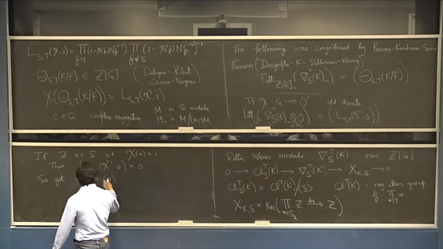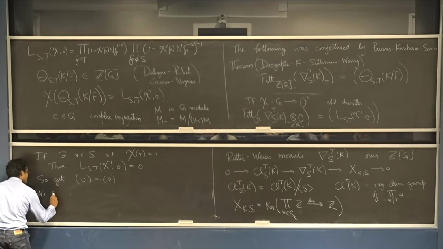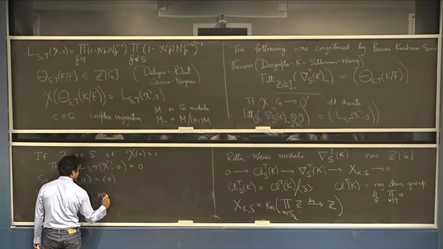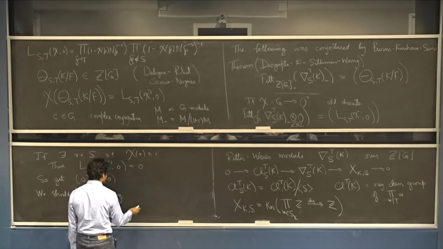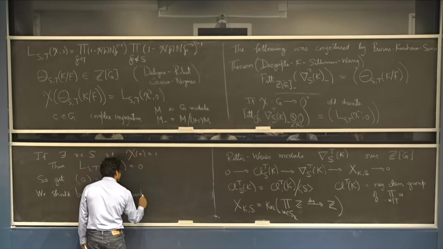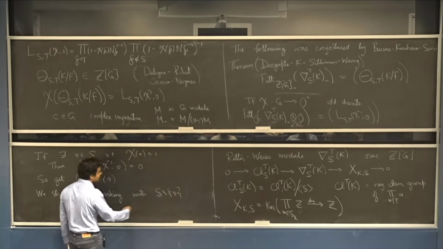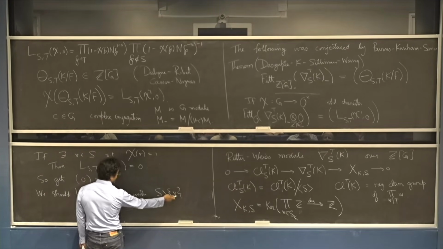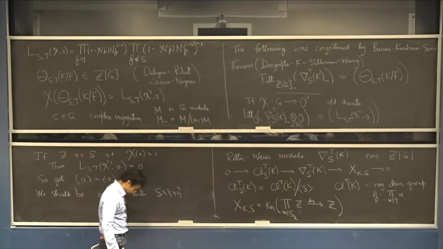So ideally, in this situation, we should be working with the smallest possible S for that particular chi, S minus v, and maybe all the primes that split completely in the extension cut out by chi.